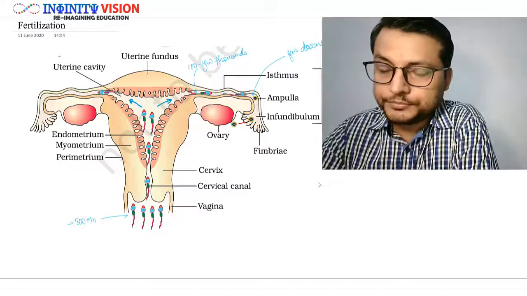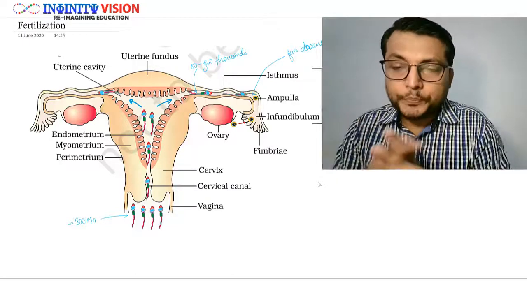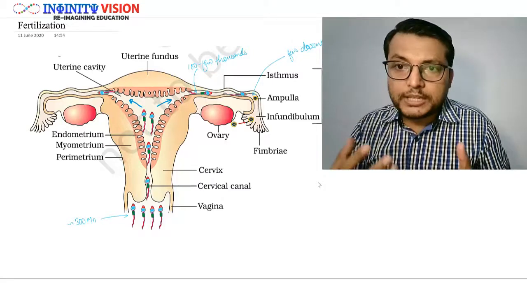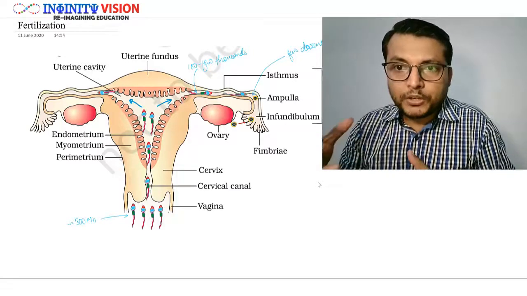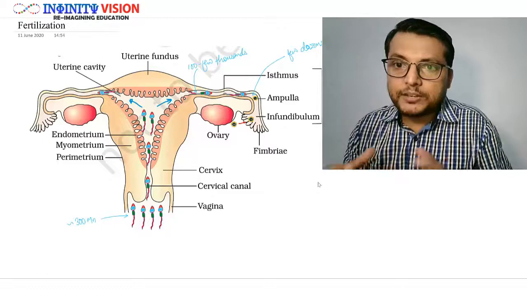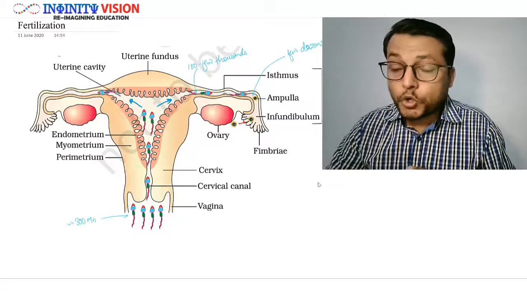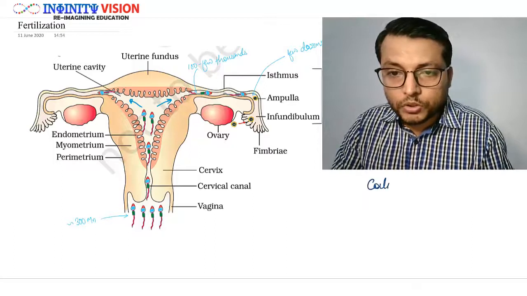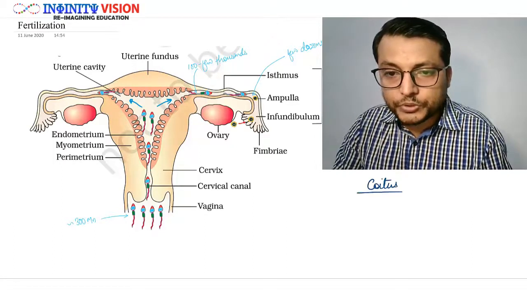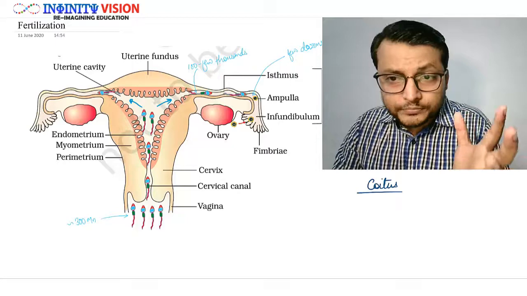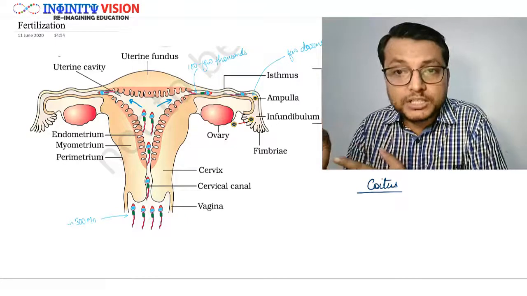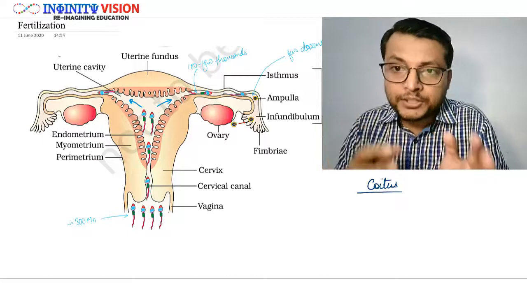Let us begin with the sexual act. The sexual act between an adult male and a female is called coitus. It is a sexual or reproductive act between an adult human male and a female.